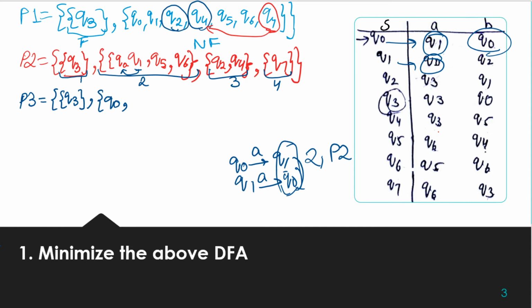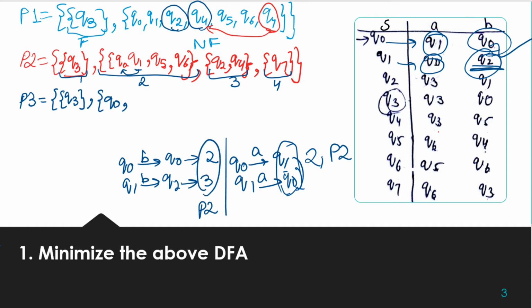Now let's check the compatibility for input symbol B from both states. For input symbol B, from Q0 we are moving to state Q0, and from Q1 we are moving to state Q2. This time Q0 belongs to group 2 and Q2 belongs to group 3 in partition 2. The resulting states for input symbol B belong to different groups.